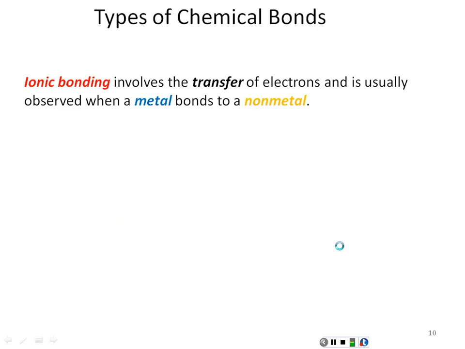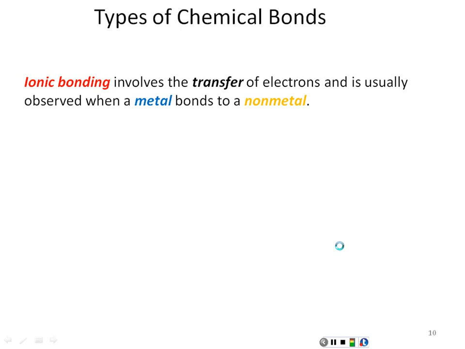So let's look a little bit more in detail about the three different flavors, if you will, of chemical bonds. So first, ionic bonds. Now this involves a transfer of electrons, and it's usually between a metal and a nonmetal. So what happens is the metal will transfer electrons to the nonmetal.